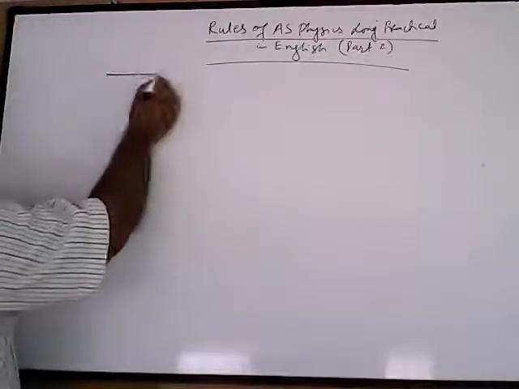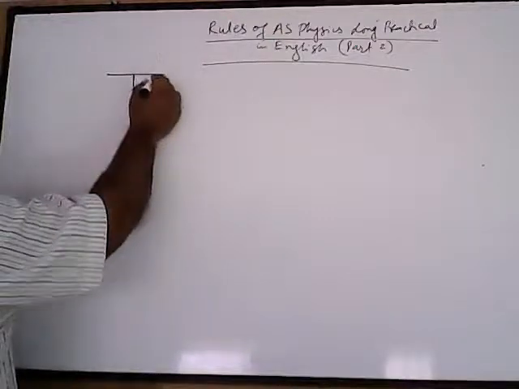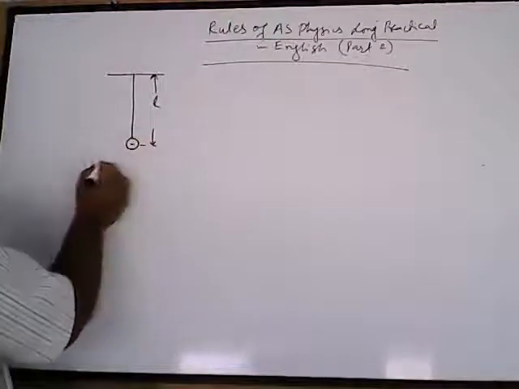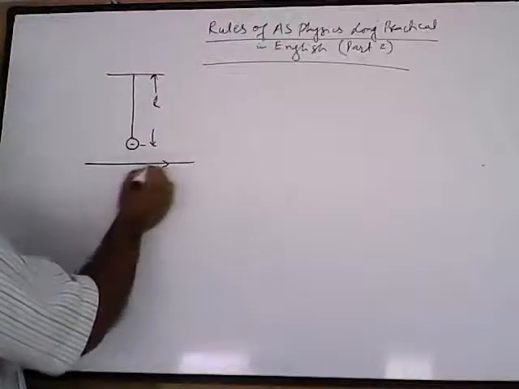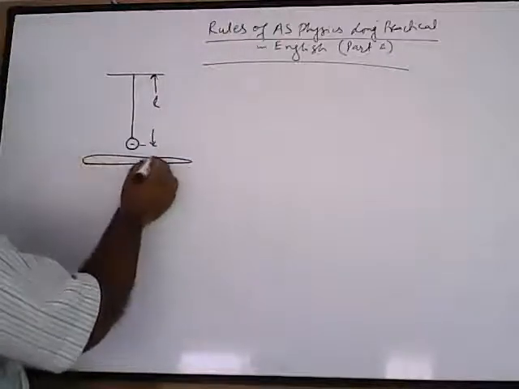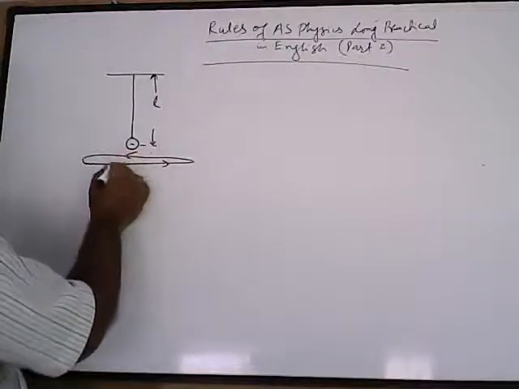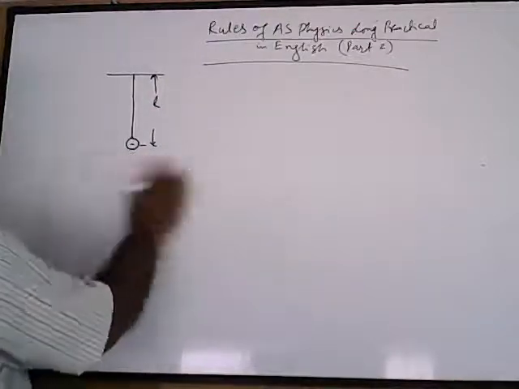In the case of the simple pendulum, there is the length of the simple pendulum L, and you swing it like this for 20 times. 20t is the time for 20 oscillations, which I have already explained.